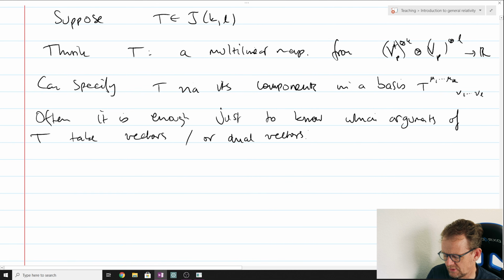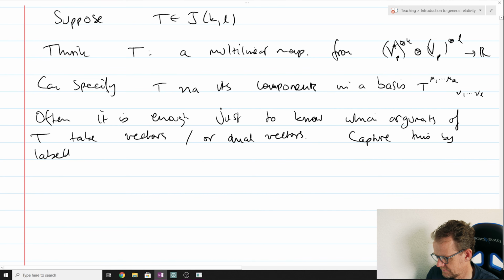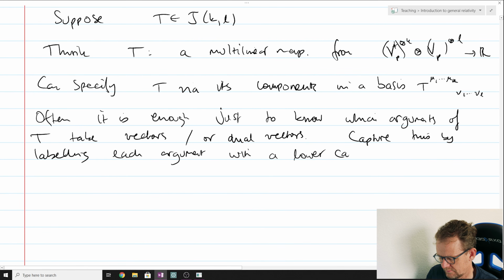And we can capture just this information by labeling each argument with a symbol, by naming. By labeling each argument with, and we'll try and be consistent throughout the course, a lowercase Latin letter.